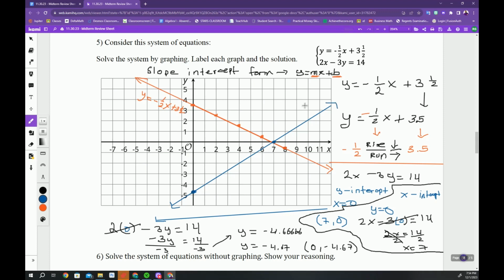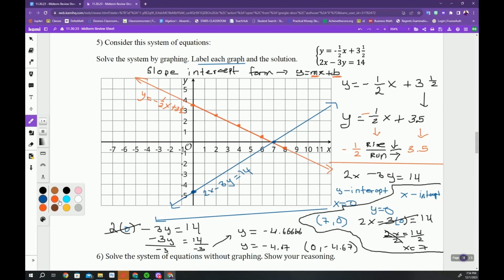And don't forget to label the graph. So this is 2x minus 3y equals 14. And it says, solve the system by graphing, label the solution. So if I remember, a system of equations is 2 or more equations, and they're both graphed here.